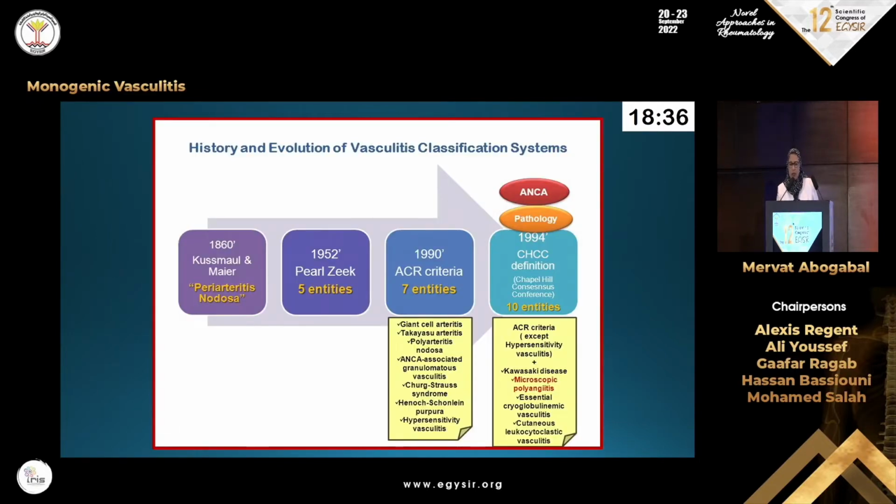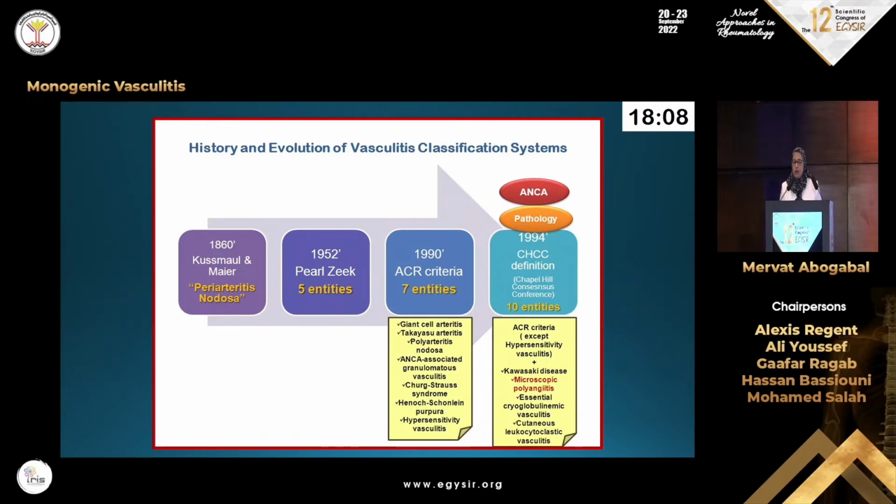Now, what about the history and evolution of the vasculitis classification system? Rapidly, the first form of vasculitis was discovered in 1860 and was termed periarteritis nodosa. In 1952, the Pierre-Lézec classification introduced the first structural classification of vasculitis based on vessel size.